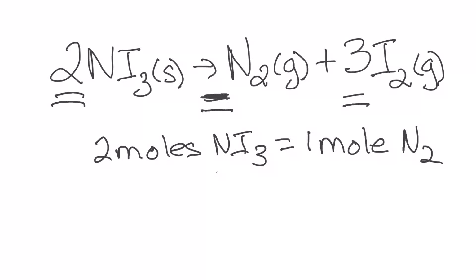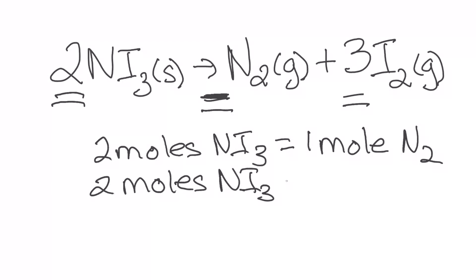So 2 moles of nitrogen triiodide will produce, that's what the equal sign means here, will produce 1 mole of nitrogen. We also know that 2 moles of nitrogen triiodide is equal to, and here the equal stands for will produce, 3 moles, because that's the coefficient here, 3 moles of iodine.